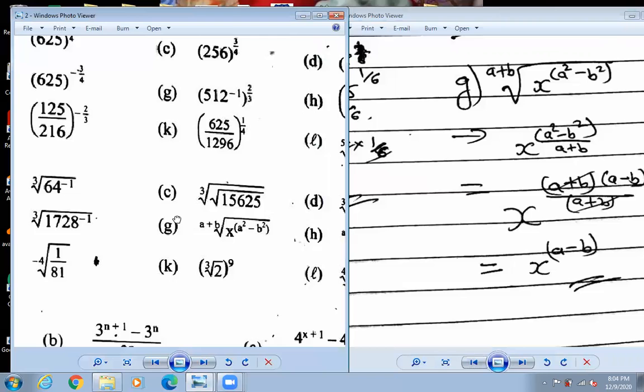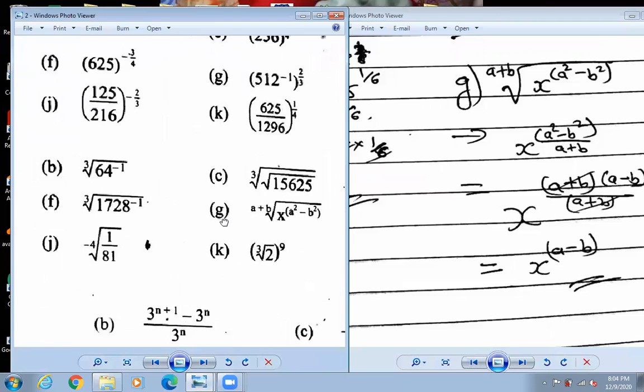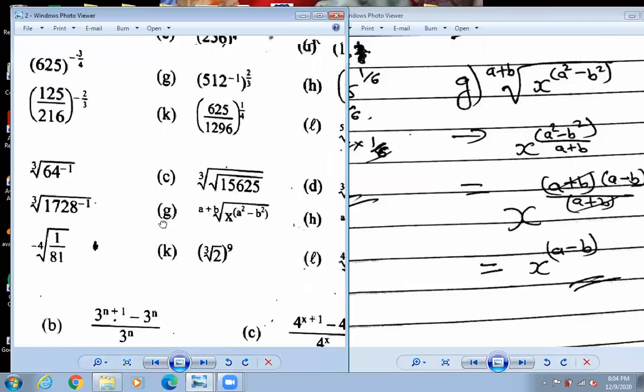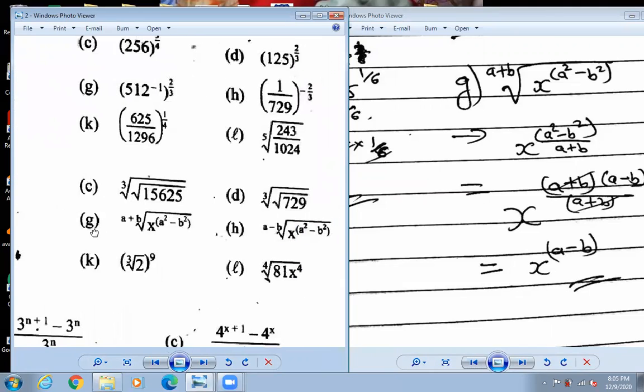Okay, so number G. Other numbers are the same up to number F. Look at number G. Is this also very difficult? No, it is very simple. Whatever root is there should be written in the denominator. So X, what is the power over here? X power A square minus B square. The root must be written with the divide sign.